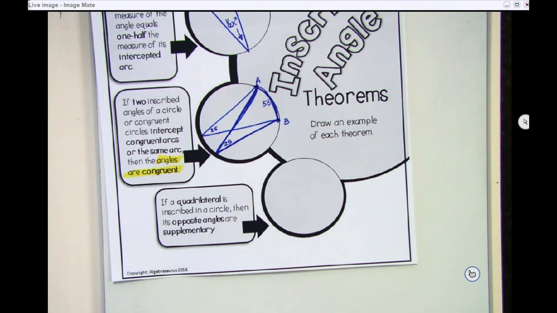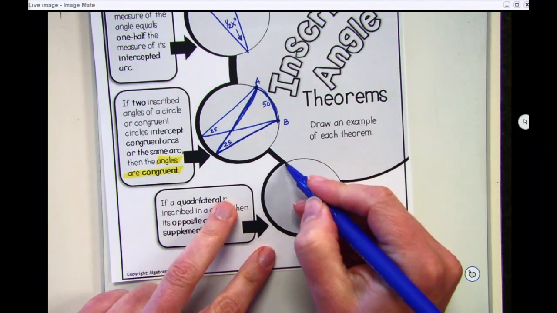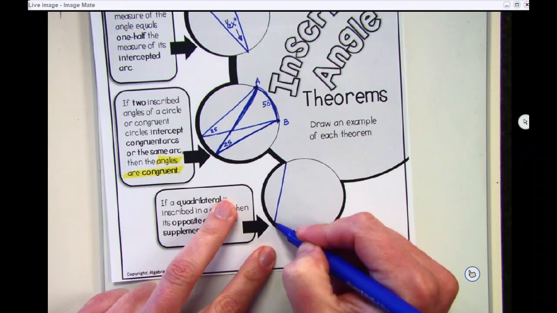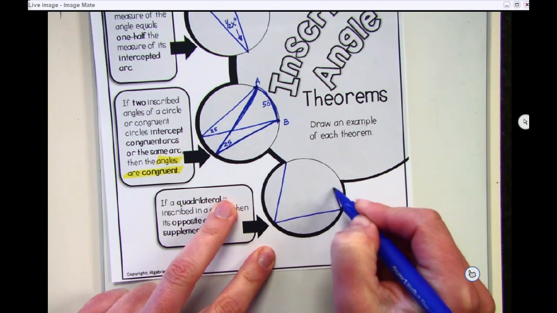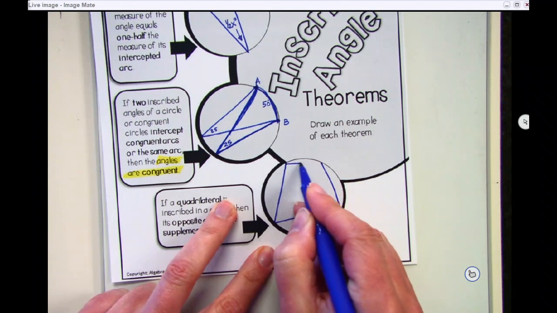One more. Let's do a quadrilateral in here. And it doesn't have to be a perfect square. It just needs to have 4 sides.